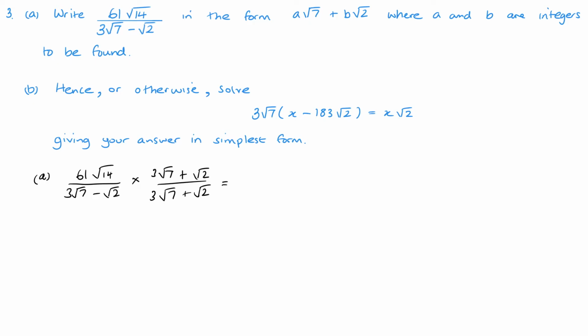So on the top we've got, well, 3 times 61 is 183. And root 14 times root 7, well, 7 times 14 is 98. But I might want to think of it like, 14 is 2 times 7, isn't it?